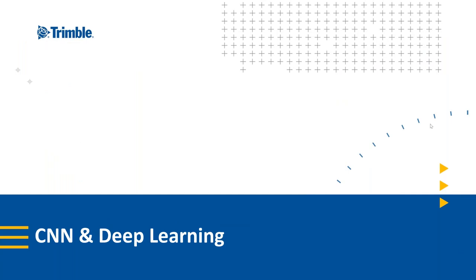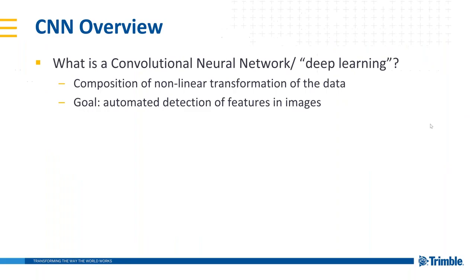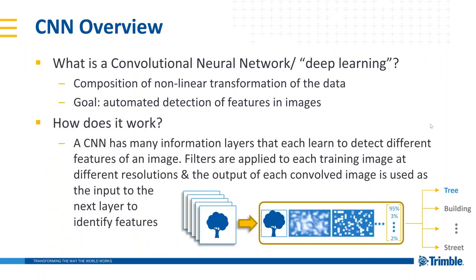Now we're going to look at CNN and deep learning. By CNN we mean convolutional neural networks. So first of all, an overview of convolutional neural networks. I do not consider myself an expert on this topic yet, so bear with me if there are experts in the audience, if I maybe have simplified this too much. First of all, how does it work?